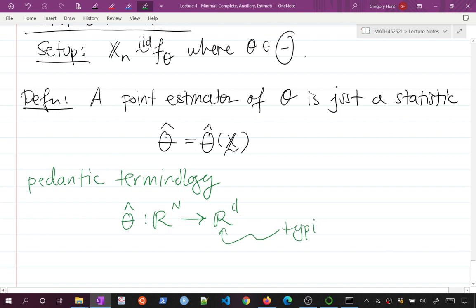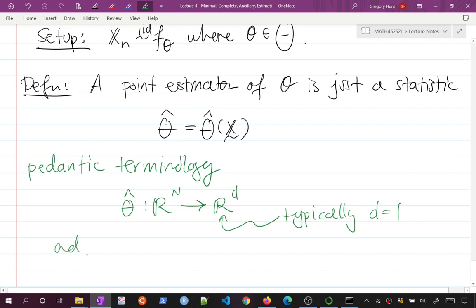Typically d is 1, so it just summarizes all of our sample into one number. That's a function, and theta hat of our random sample is called an estimator.